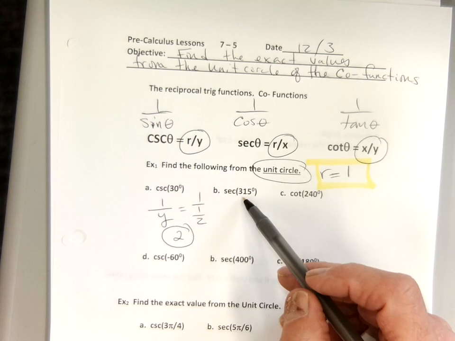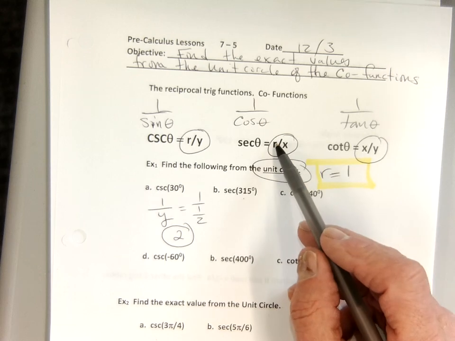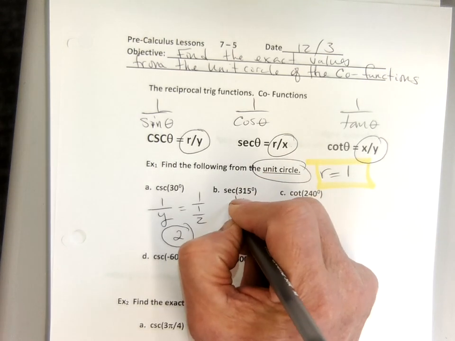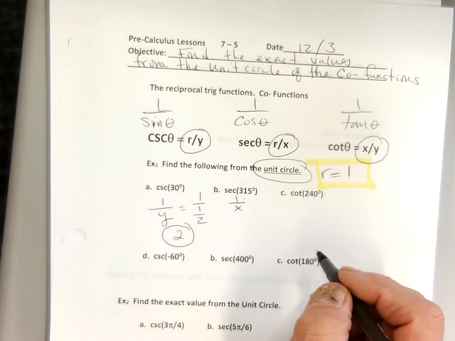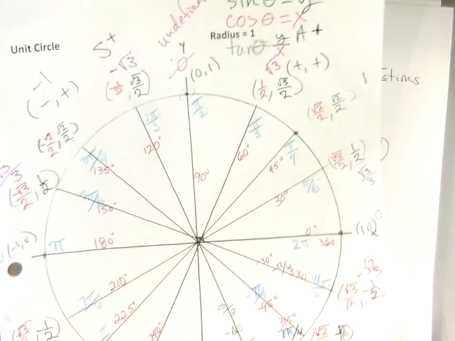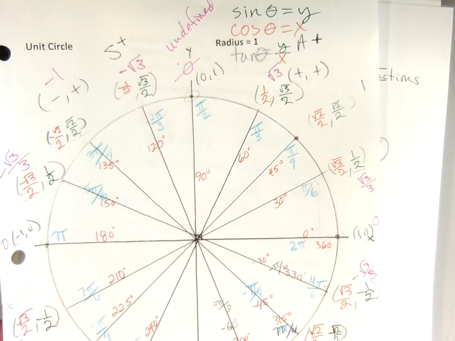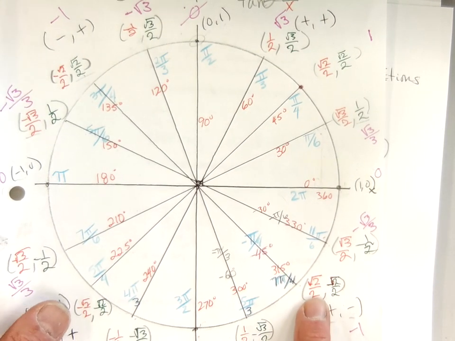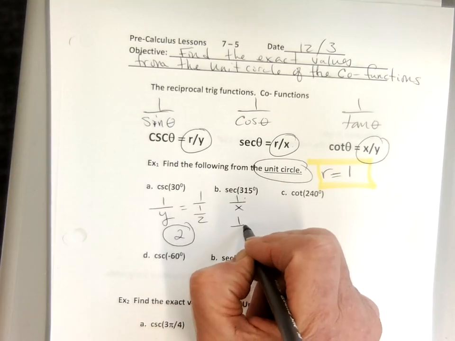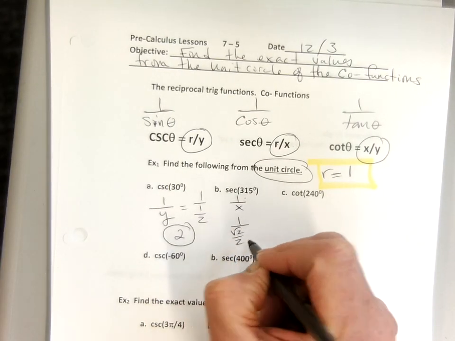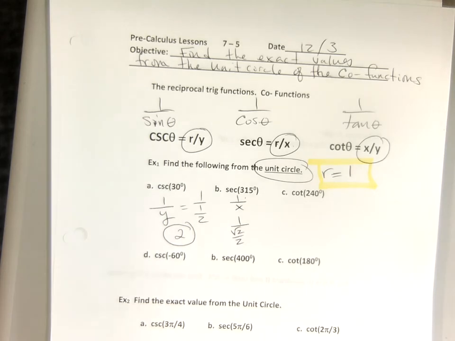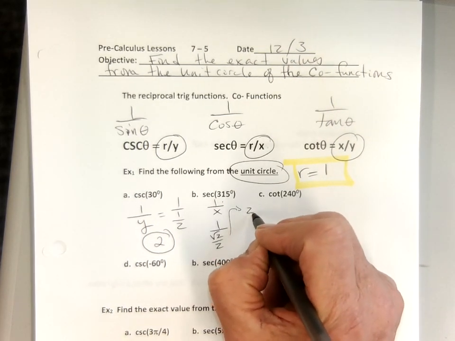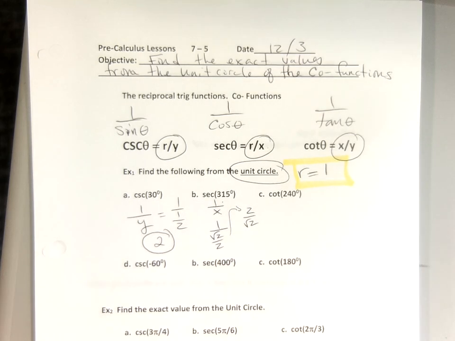Secant is r over x, but the radius is 1, so it's really 1 over the x value, right? 315 is here. 1 over the x value. And my x value is square root of 2 over 2. So I'm going to have a 1 over the square root of 2 over 2. Now that's kind of a mess. Let's see if I can fix that. So that's going to be 2 over the square root of 2.